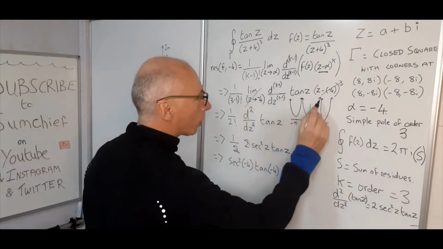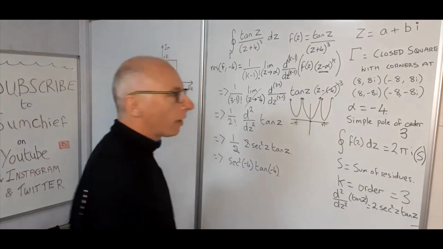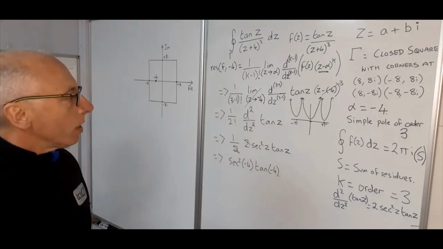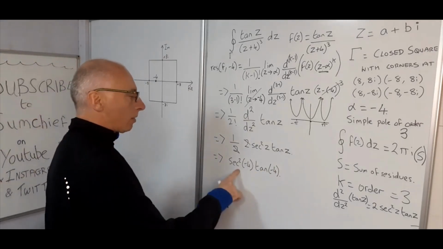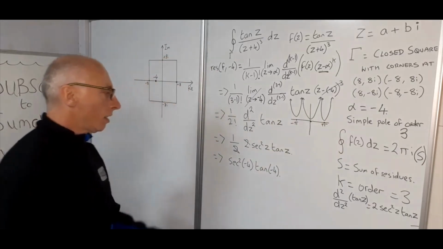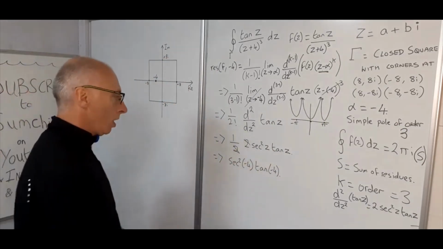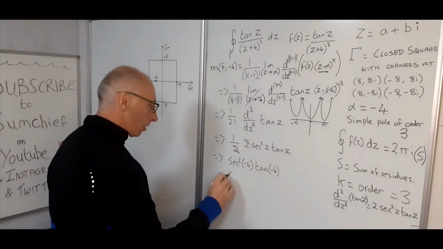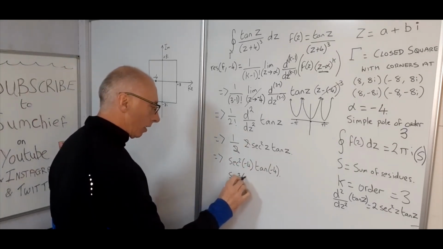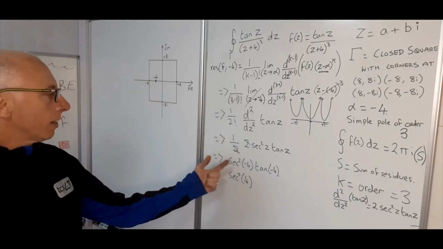But it won't touch, these here will be points which will just be undefined. So what we know about secant is it's reflected in the y-axis. So our point at -4 will be the same as the point at +4. So let's clean that one up. We can say that is secant squared of 4. So that takes care of that, so that's good.